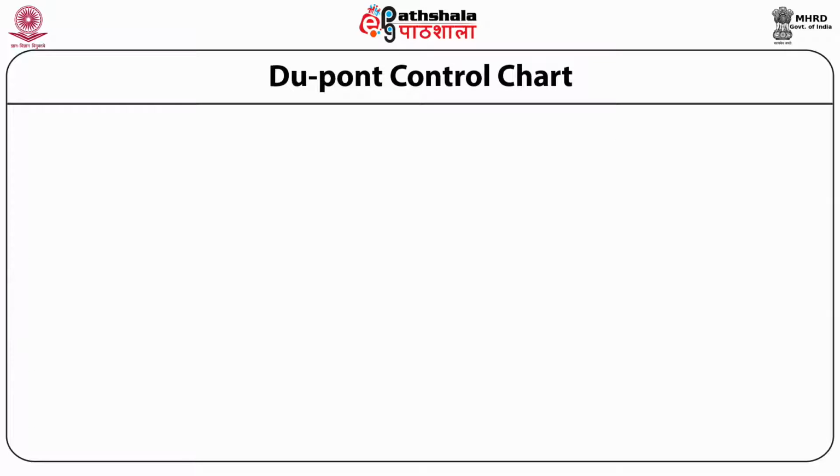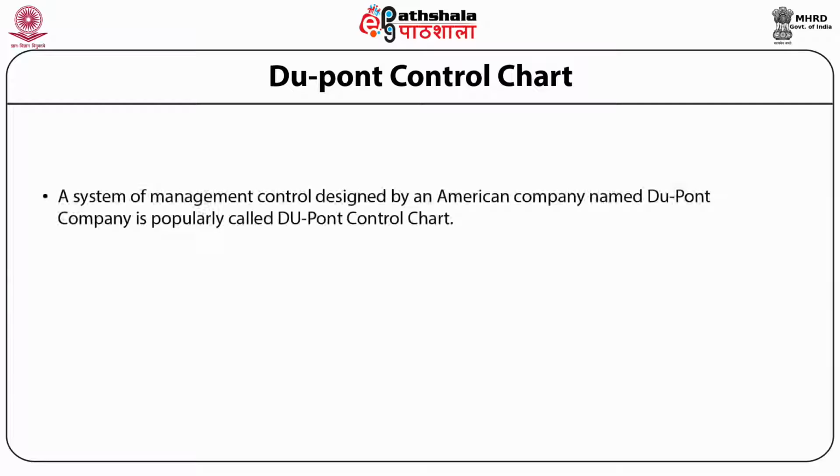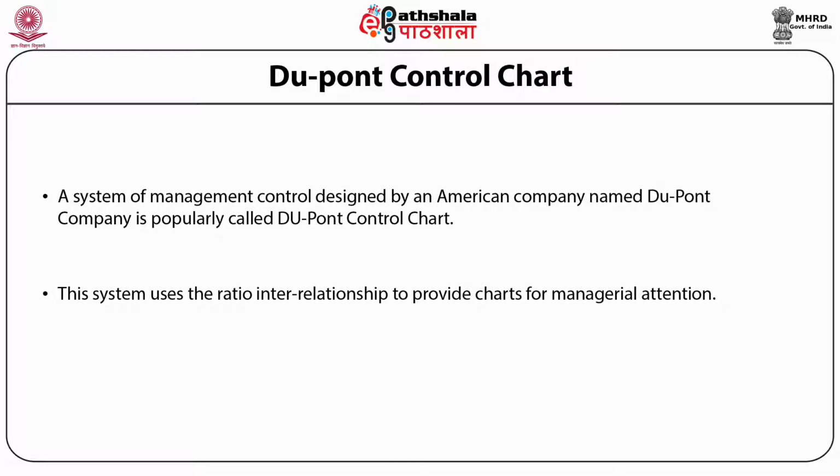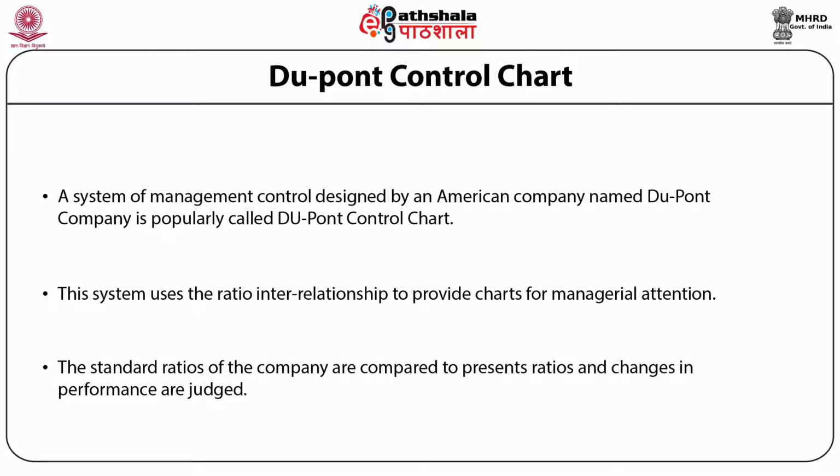Du-pont control chart. A system of management control designed by an American company named Du-pont Company is popularly called Du-pont control chart. This system uses the ratio interrelationship to provide charts for managerial attention. The standard ratios of the company are compared to present ratios and changes in performance are judged.